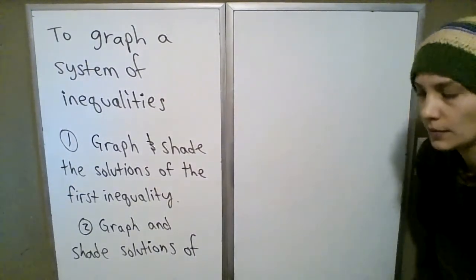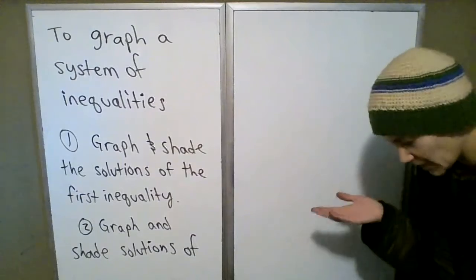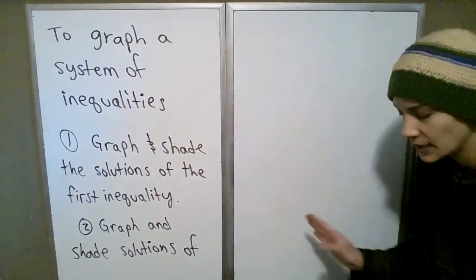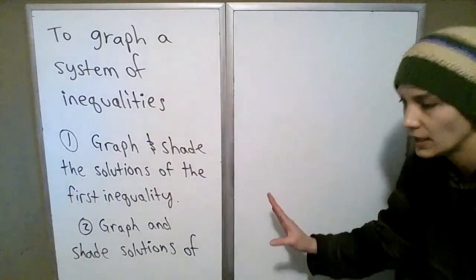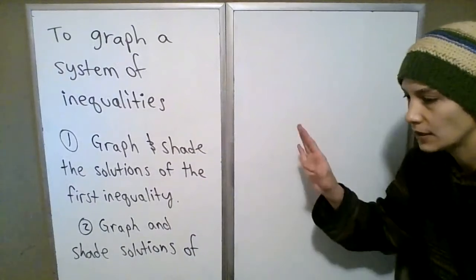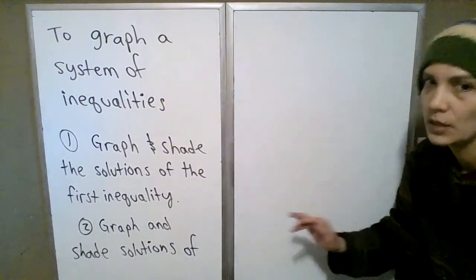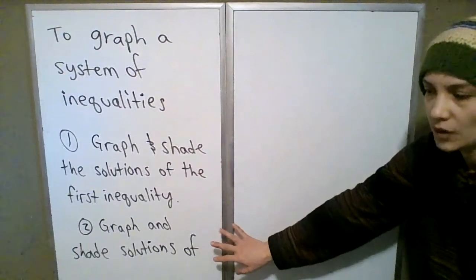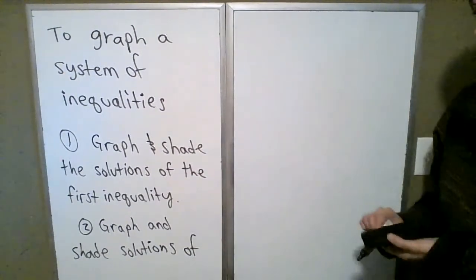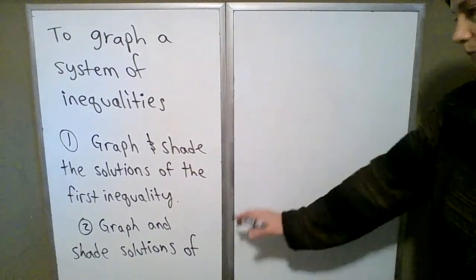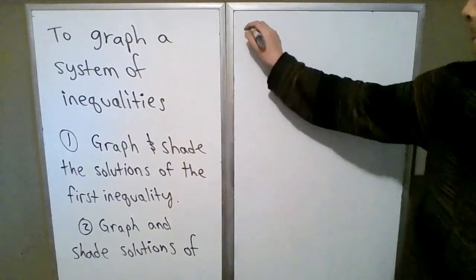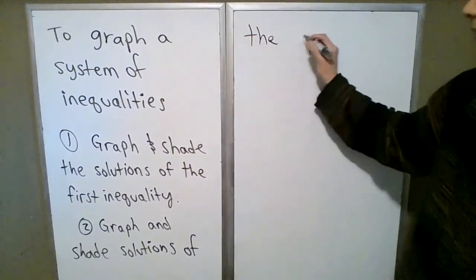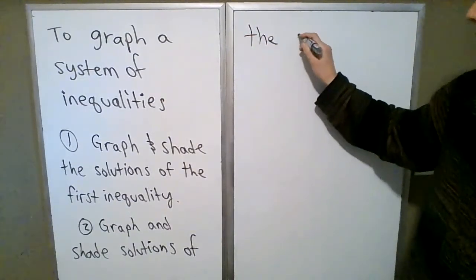So this is just something that someone pointed out to me to stay more organized, which is to go through each inequality and fully do the solutions for each one at a time. So do the first one, do the next one, and then keep on going until you've shaded all solutions of the other inequalities.